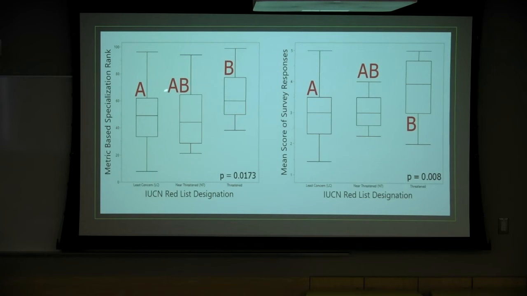So this lettering is a connecting letters report that denotes significant difference. And what you see is that whether you're looking at the metric-based scoring or the survey-based scoring, the species of least concern and the threatened species are significantly different, suggesting that both asking experts and doing objective metric-based approaches are probably good systems of identifying species that might be at risk.